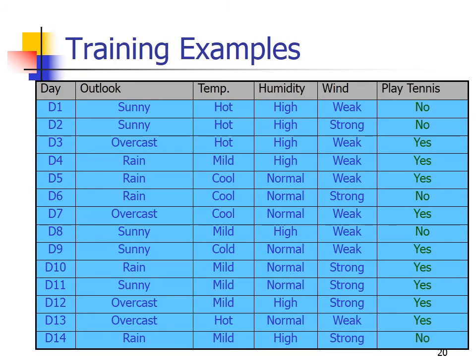There are total 14 examples. There are two values, one is high and another is normal. When it is high, how many values are yes? I can calculate 3. How many values are no? I can calculate 4.